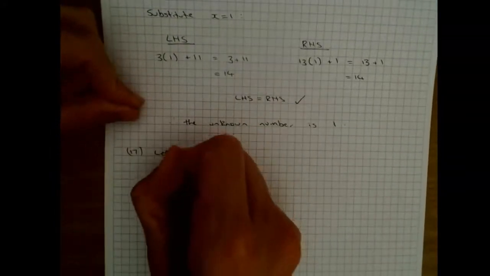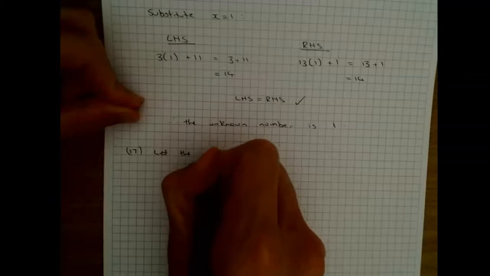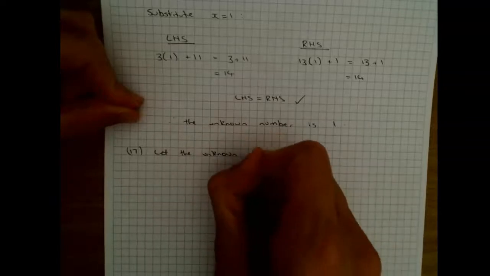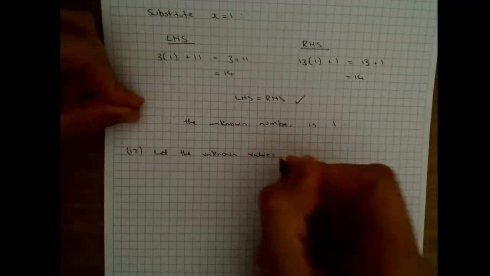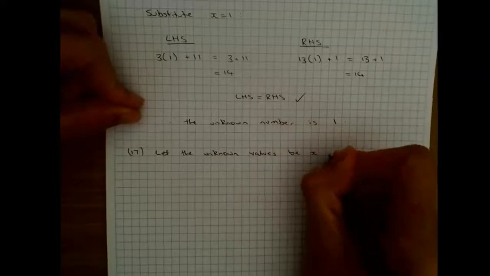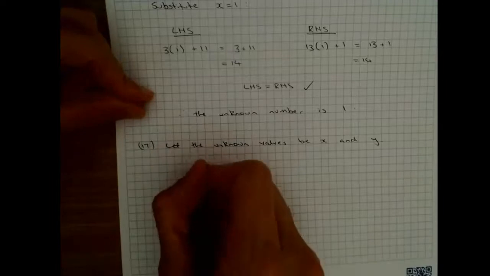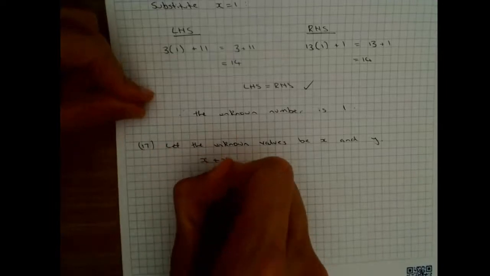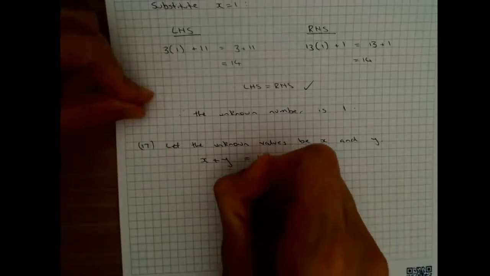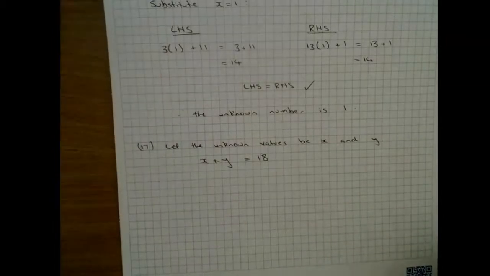First, let's define our variables. So let the unknown values be x and y. And they told me that the sum of the 2 numbers is equal to 18.